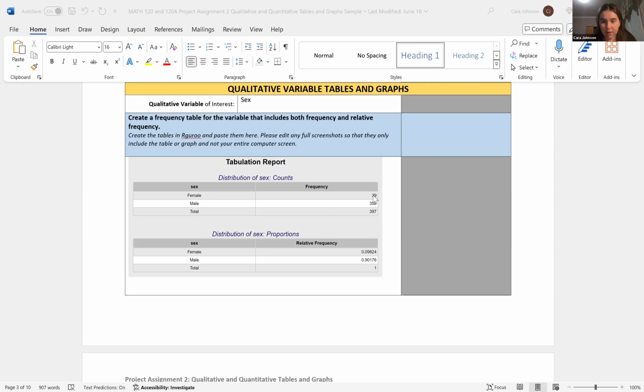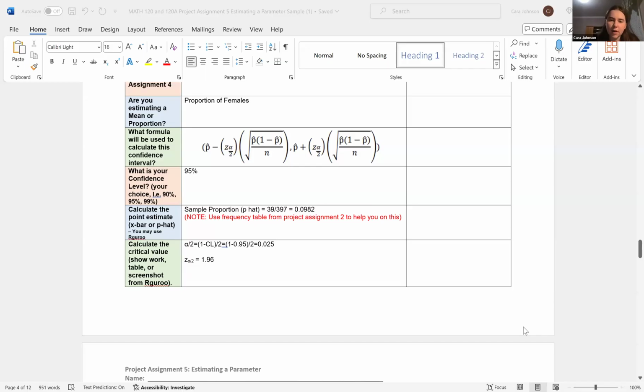So basically, how many females out of the total? So 39 out of 397 would be the number of females out of the grand total. So that's where I got that fraction from. And then I just made a decimal here. We're going to be using the fraction throughout the project.